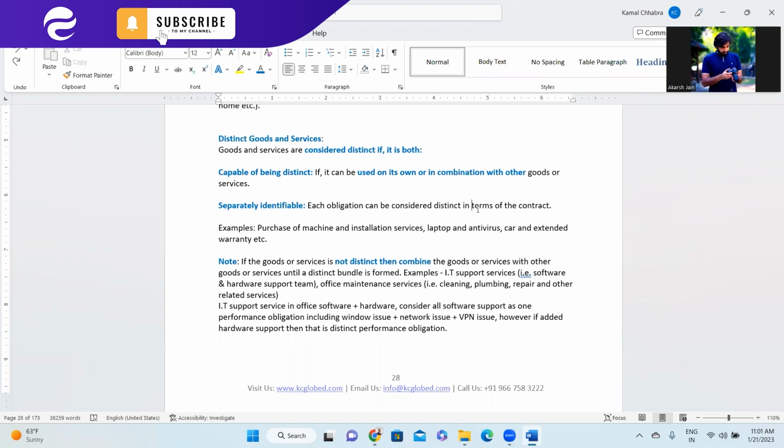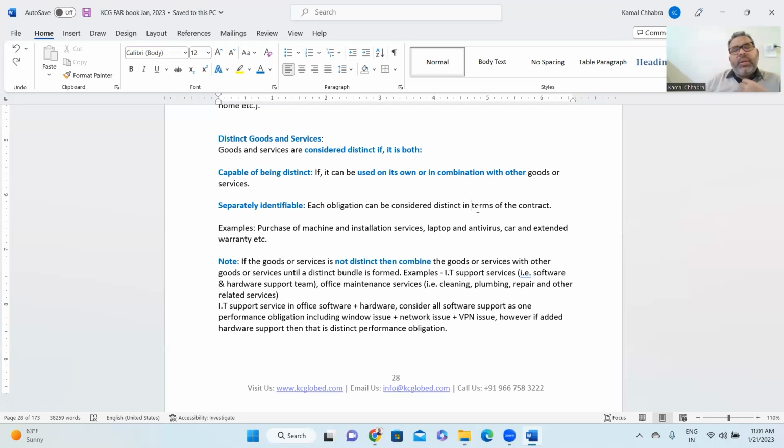Even if it's a combined deal, I have two distinct or two separate performance obligations that you need to identify. So in step 2, we are identifying how many performance obligations we have in the contract. It can be one contract negotiated together, which we understood earlier. But in that contract, we need to identify how many performance obligations the seller has. Okay, got it.